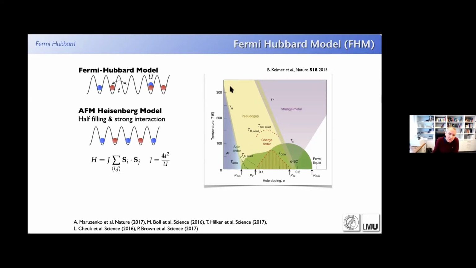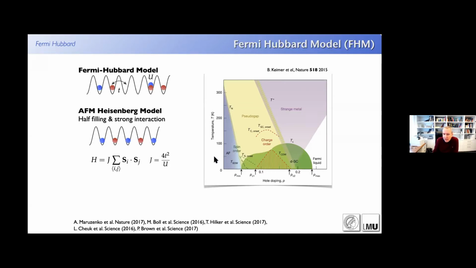If we look at the phase diagram of the system, you see that below a certain temperature you indeed get this antiferromagnetic ordering, which is precisely this Heisenberg antiferromagnet we've been talking about. So this really occurs in materials, and as we'll see, it also occurs in these cold gases.